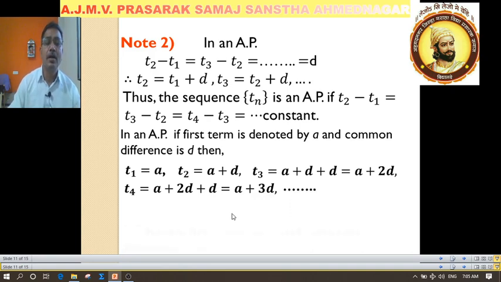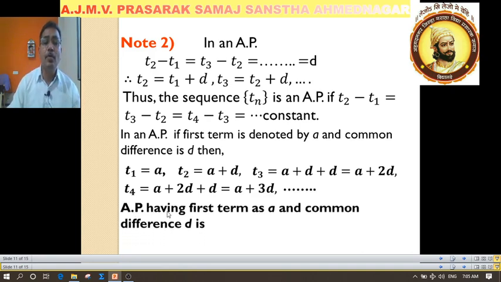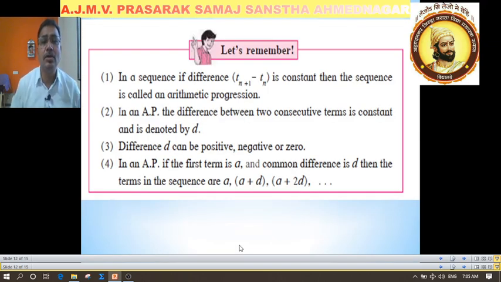Therefore, an arithmetic progression having first term A and common difference D is A, A plus D, A plus 2D, A plus 3D and so on. Let's remember: in a sequence, the difference Tn plus 1 minus Tn is the general difference.